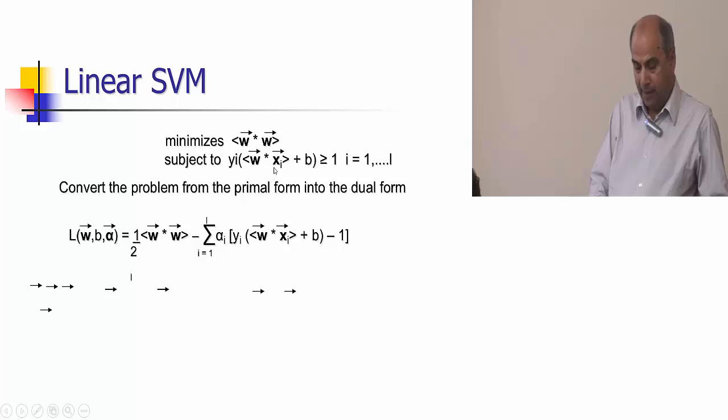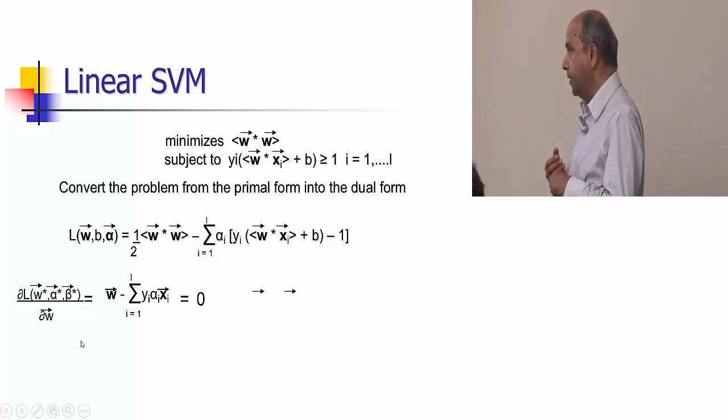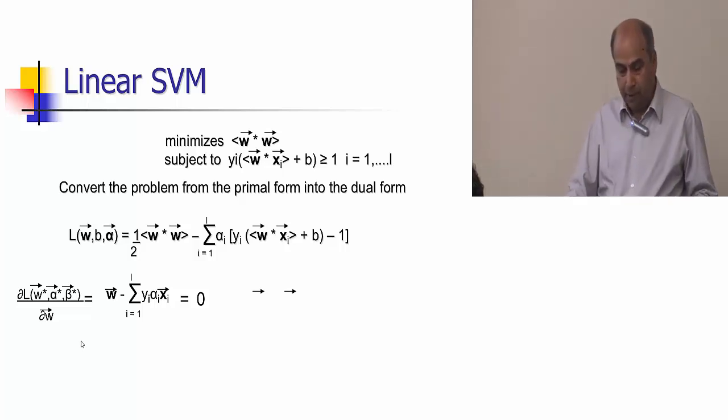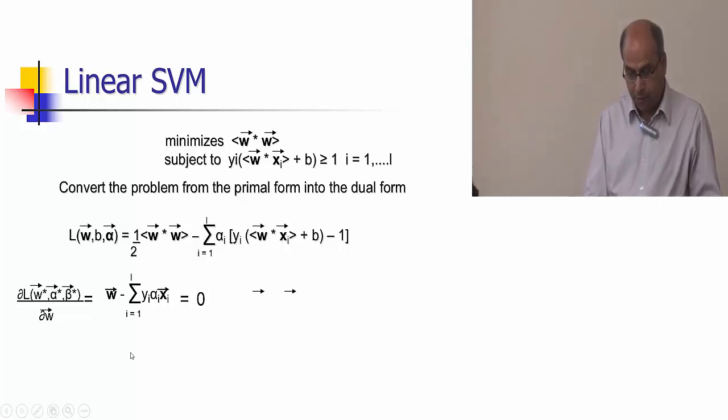And then whenever you want to minimize a function, you differentiate with respect to those variables. So we have variable w, and then we have variable b. We are going to differentiate this with respect to w, and as you see, this is a square term, which is w transpose w. The derivative of that with respect to w will become 2w, and with the half here, it will become w.